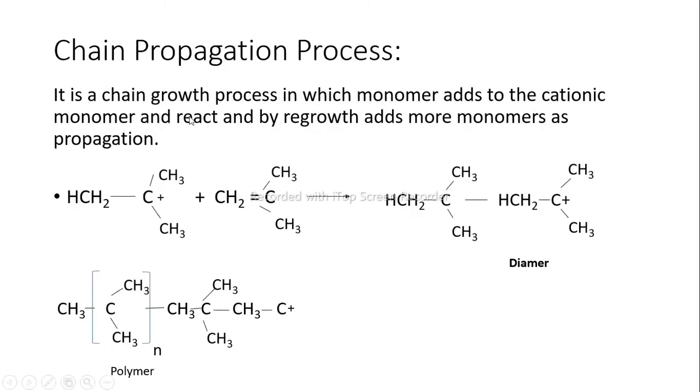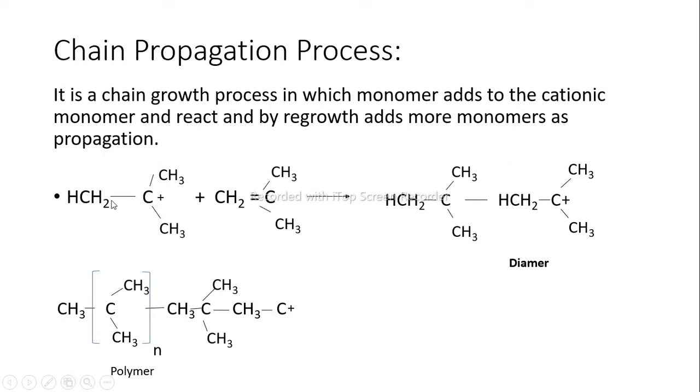The next step is the chain propagation step. In this process, the formation of the chain is done. The monomer obtained in the chain initiation process now interacts with another monomer and forms a chain. For example, in this case, the monomer which we obtained in the previous slide reacts with a monomer, and then it gives us a dimer.